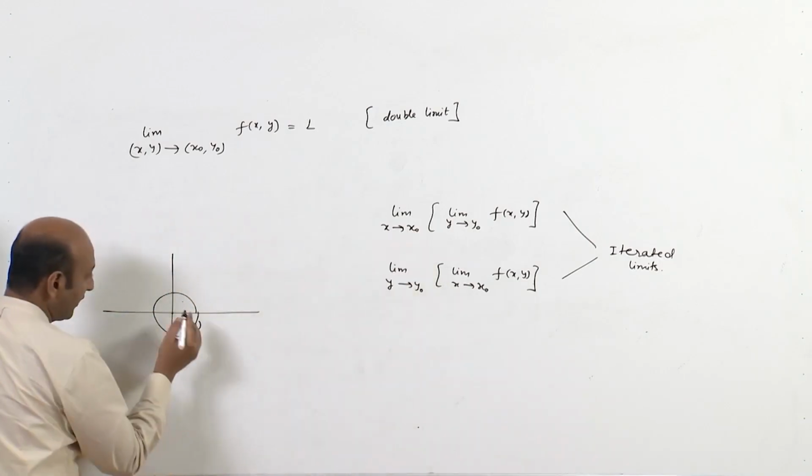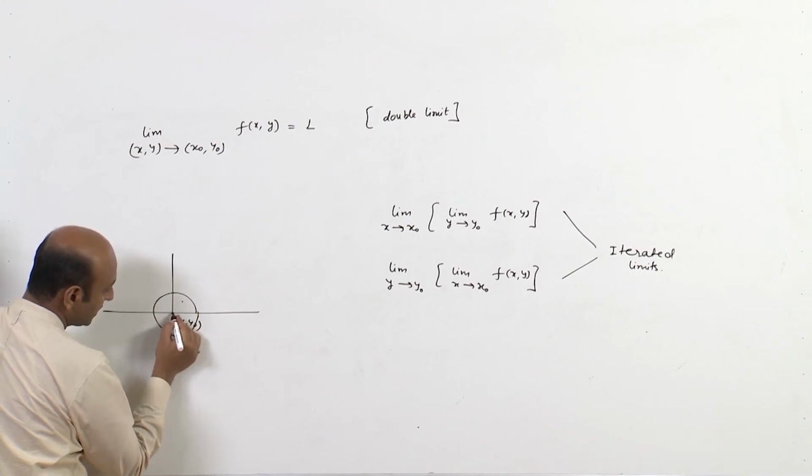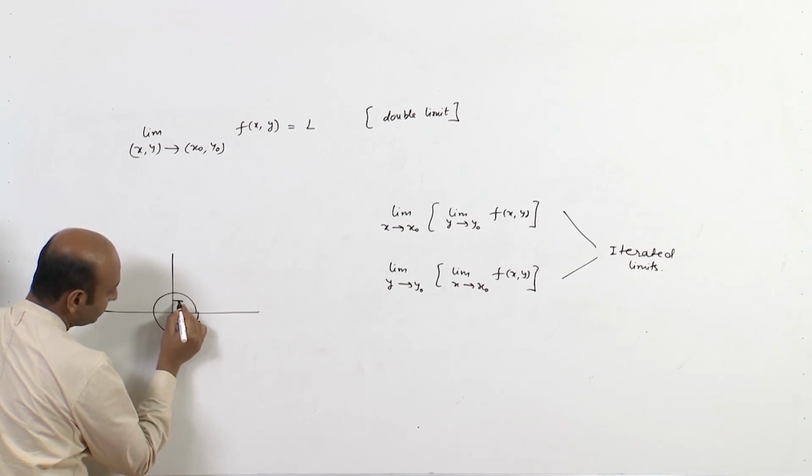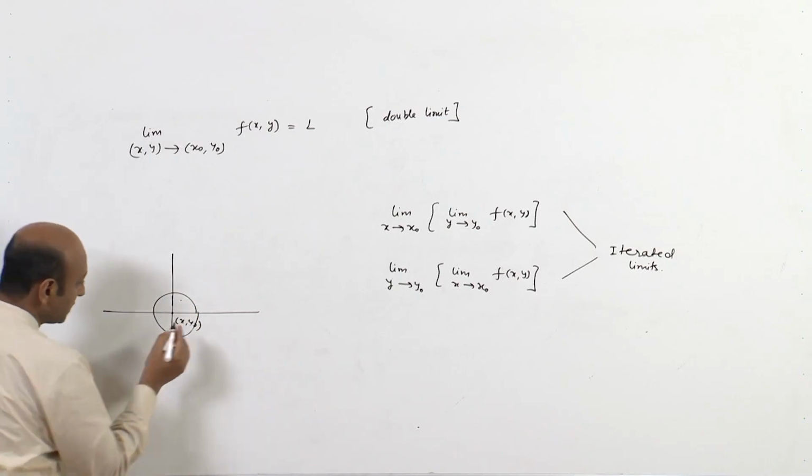So first you are taking y tending to y naught, from some point (x, y) toward this point.